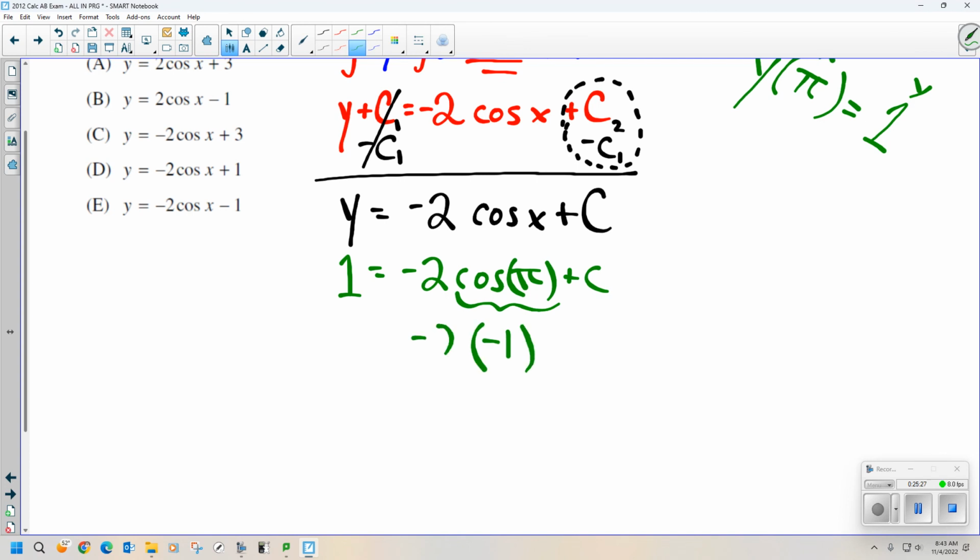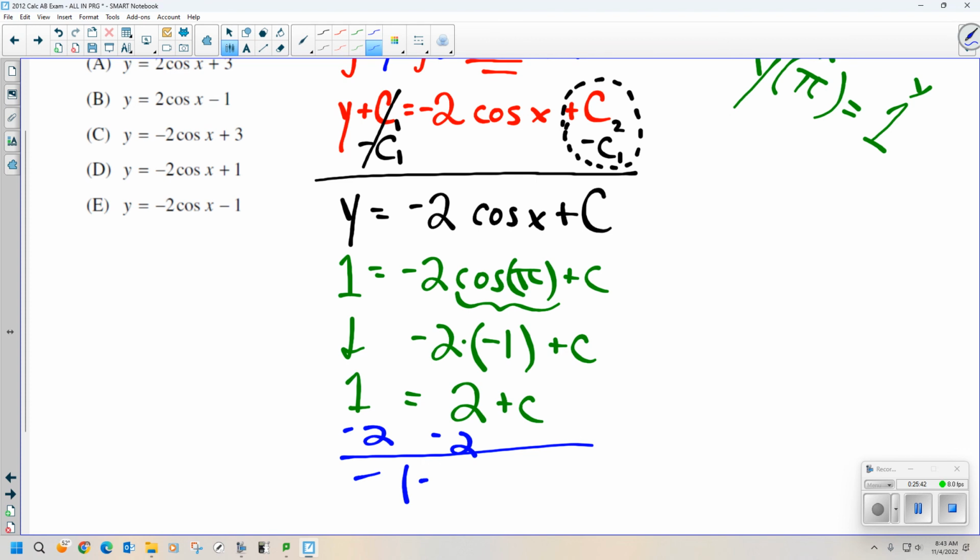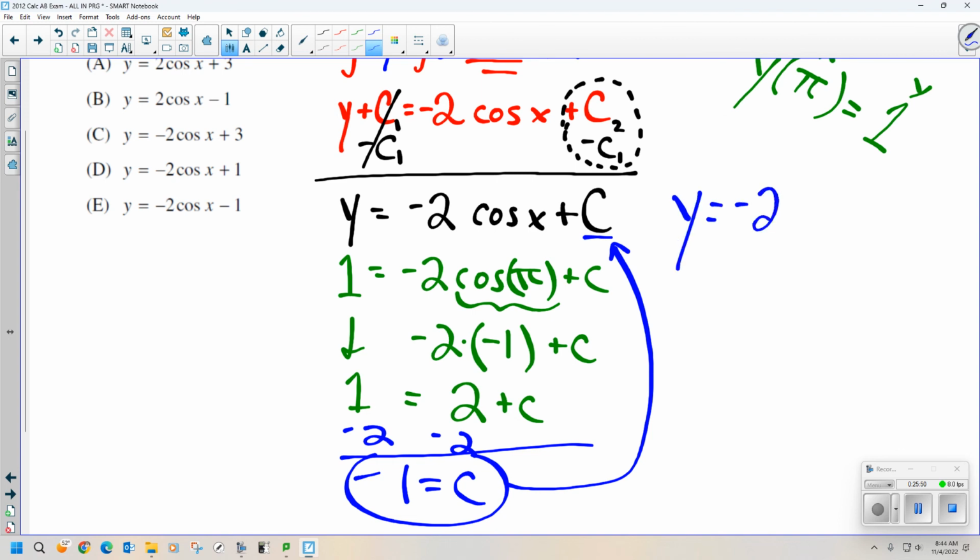So I multiply that times negative 2 plus c, and I get 2 plus c equals my 1. Now this is just a cakewalk. Let's subtract 2 from both sides. Negative 1 equals c. This value is what has to go in for c. Y equals negative 2 cosine of x minus 1, because that was my c value.